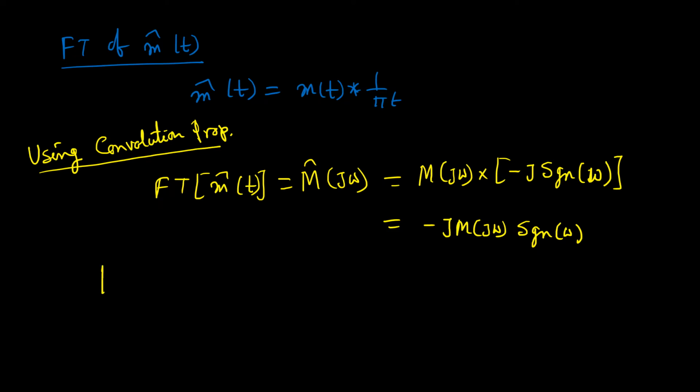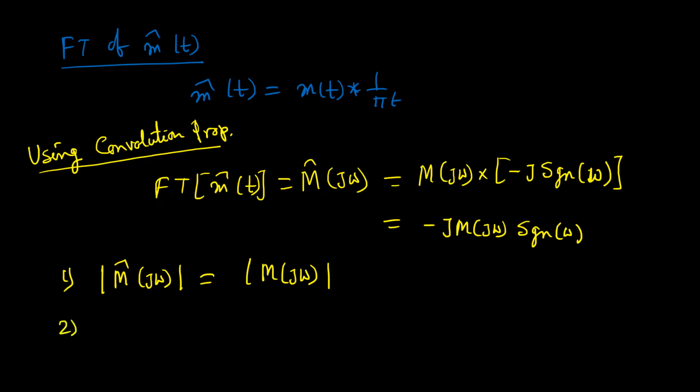So the magnitude of M cap j omega: you see, signum is plus or minus 1, and j is the imaginary term, so the magnitude will remain the same as the magnitude of M of j omega. This is one case.